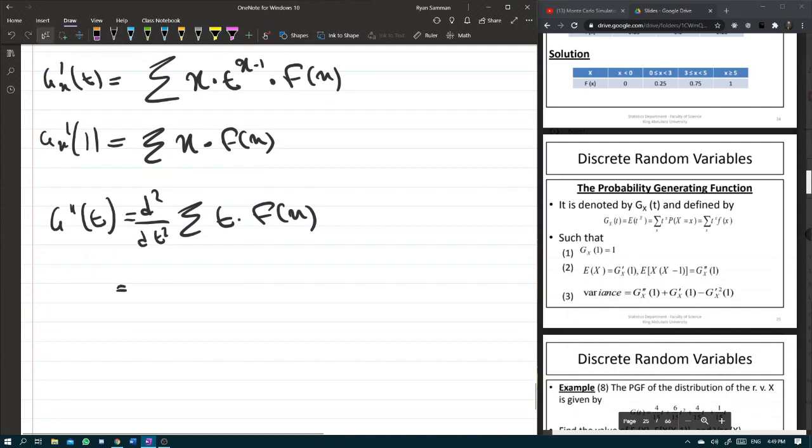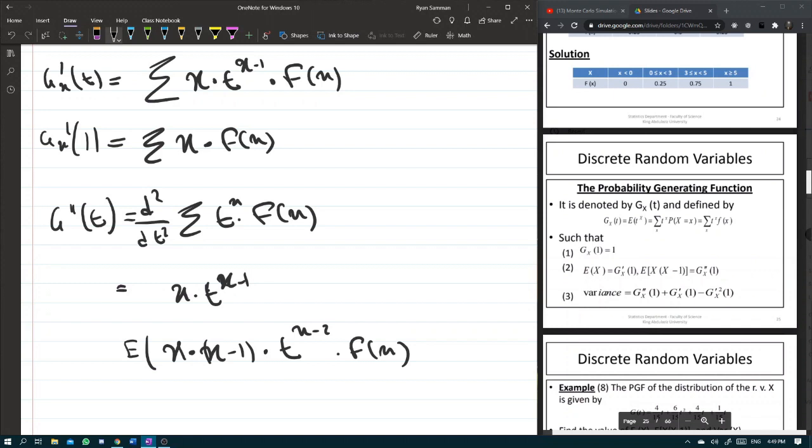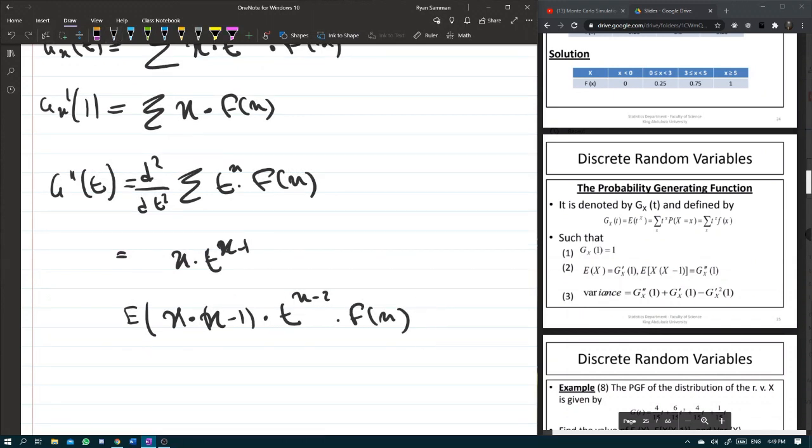So over here, you get the first derivative, so it's going to be x times t to the x minus 1. Then you get the derivative again, it's going to be x times x minus 1 times t to the x minus 2, times f of x. Then the sum of this.